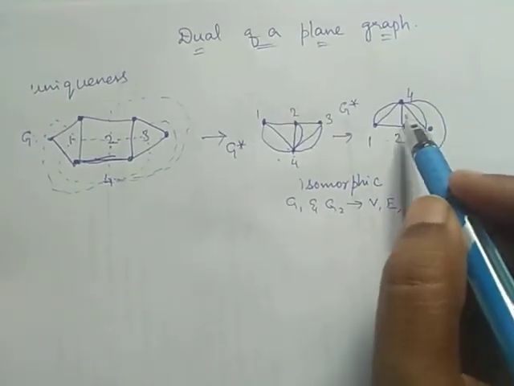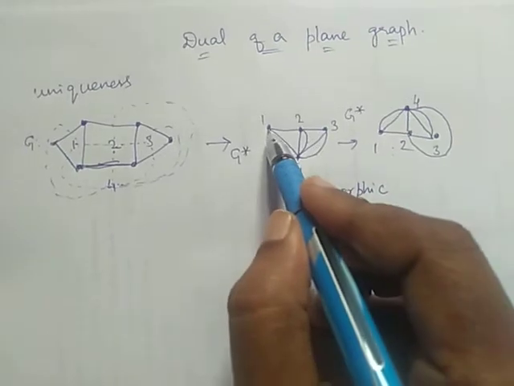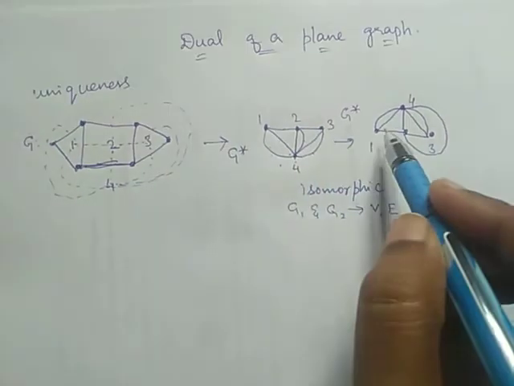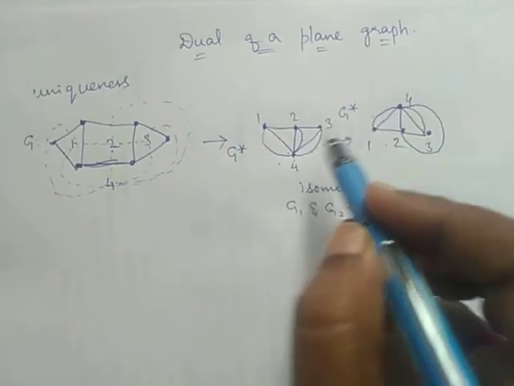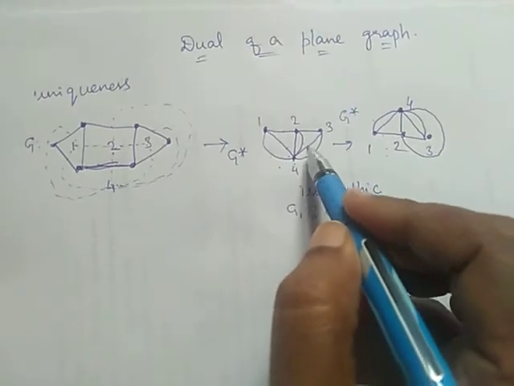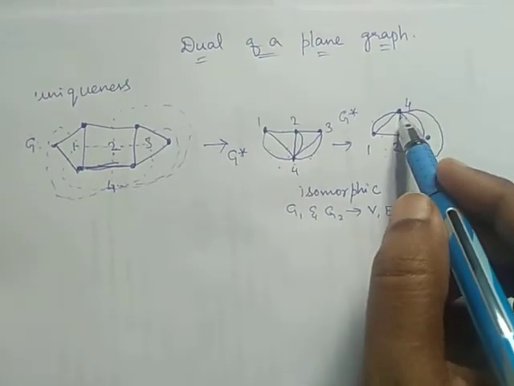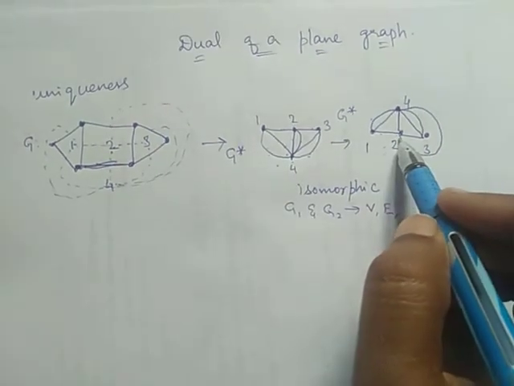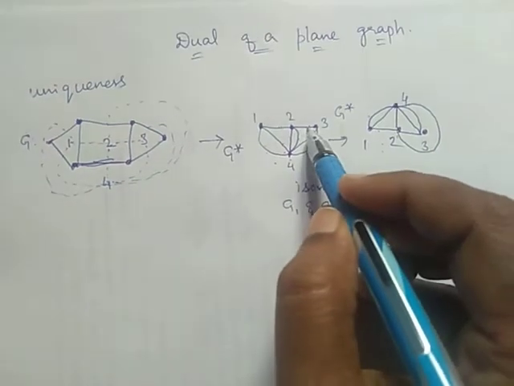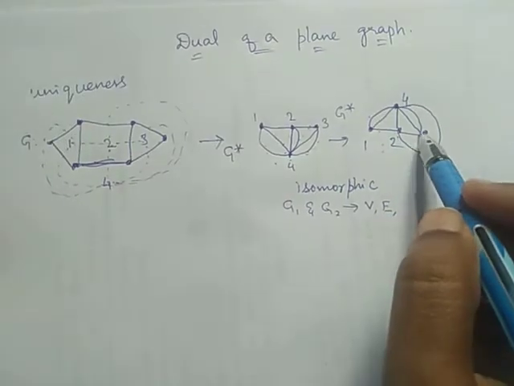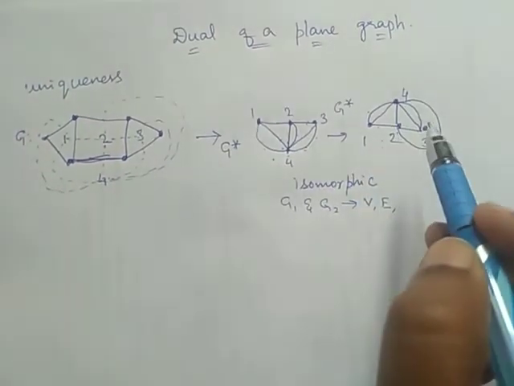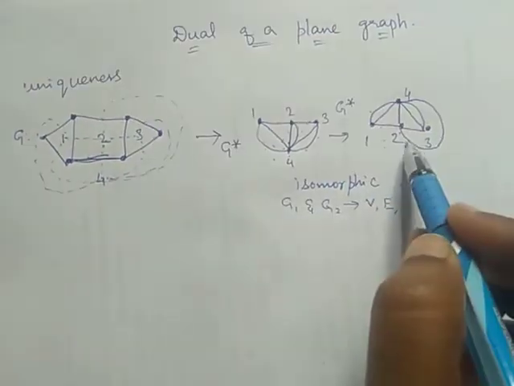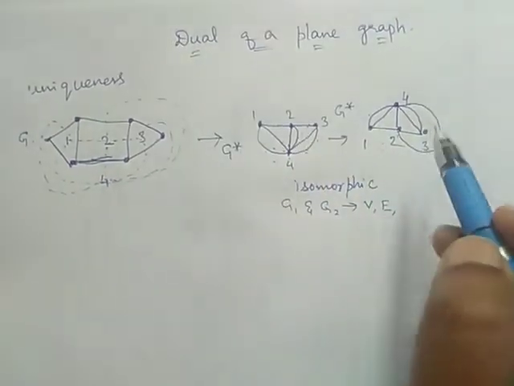Here also we have 8 edges. Degree of 1 is 3. Here also degree of 1 is 3. Degree of 4 is 6. Here also degree of 4 is 6. Degree of 2 is 4. Here also degree of 2 is 4. Degree of 3 is 3. Degree of 3 is 3. So this graph and this graph are isomorphic to each other.